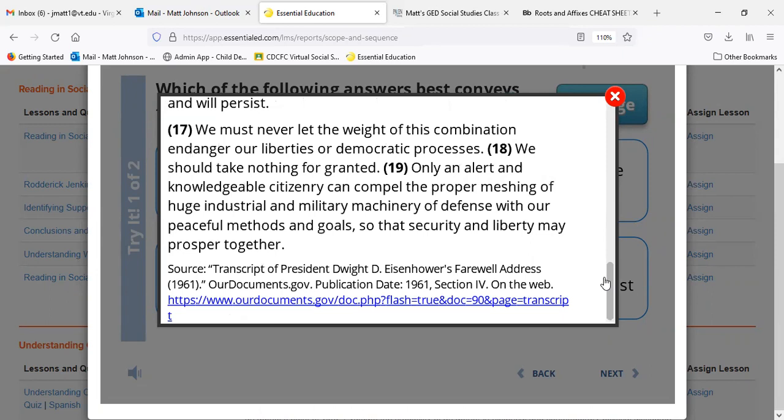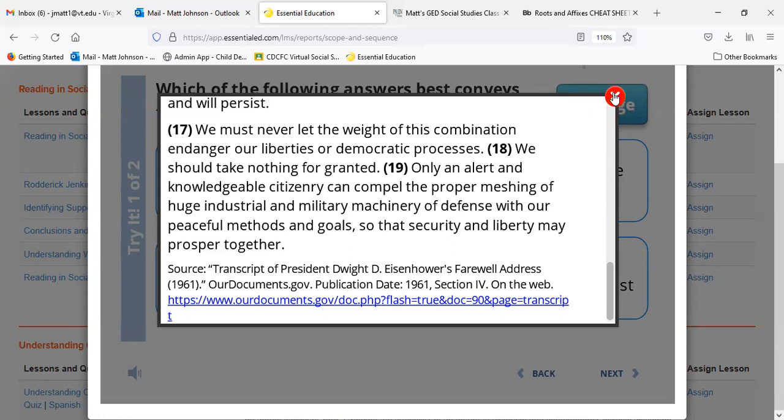We must never let the weight of this combination endanger our liberties or democratic processes. We should take nothing for granted. Only an alert and knowledgeable citizenry can compel the proper meshing of huge industrial and military machinery of defense with our peaceful methods and goals, so that security and liberty may prosper together.